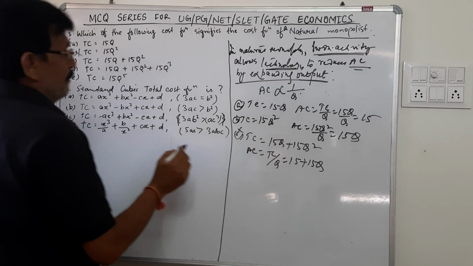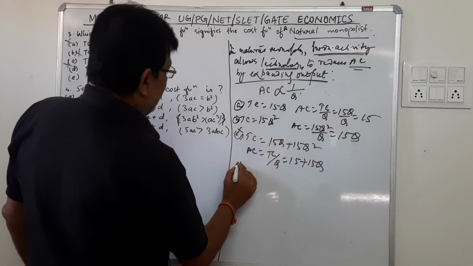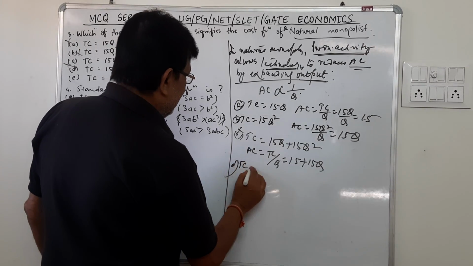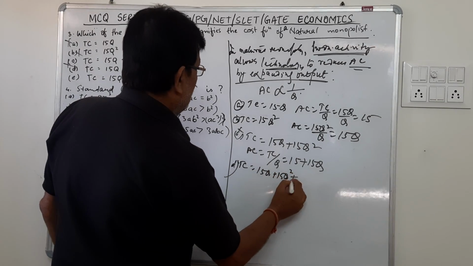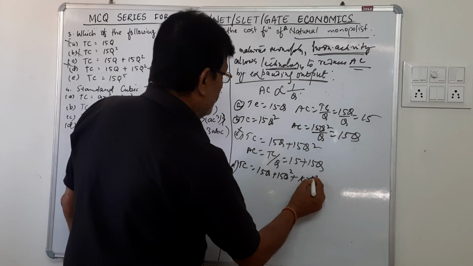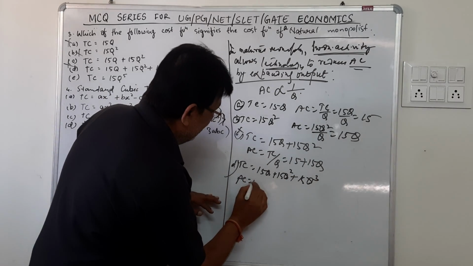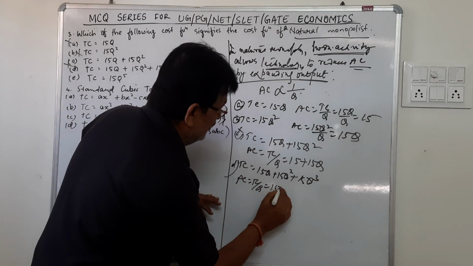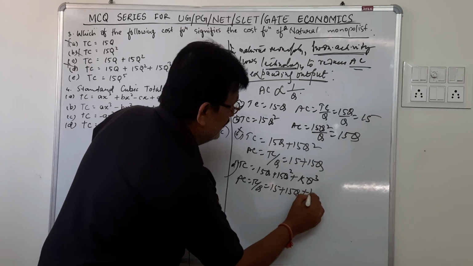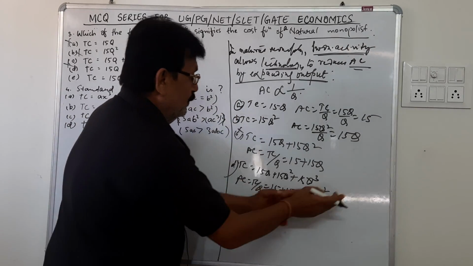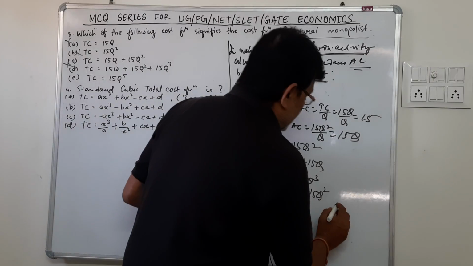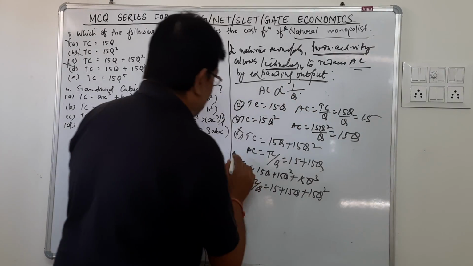Now D, TC is 15Q plus 15Q square plus 15Q cube. So AC, TC by Q, that is 15 plus 15Q plus 15Q square. AC directly proportional, as Q increases AC increases. So that is also not the answer.